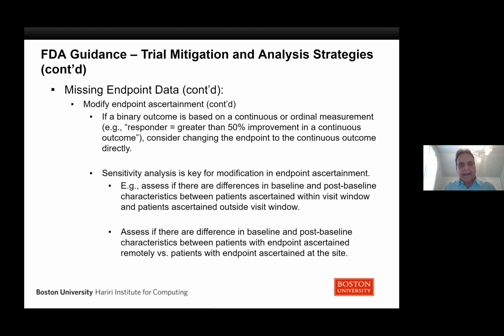If you're collecting data in 2 or several different ways, you have to make sure that the patients whose data were collected in the planned way versus the patients whose data were collected due to COVID-19 issues are similar at baseline and post-baseline. And if they're not, then perhaps these modified endpoint ascertainment methods may not be able to be used. The data collected may not be able to be used.